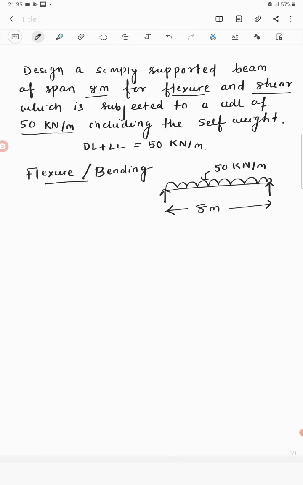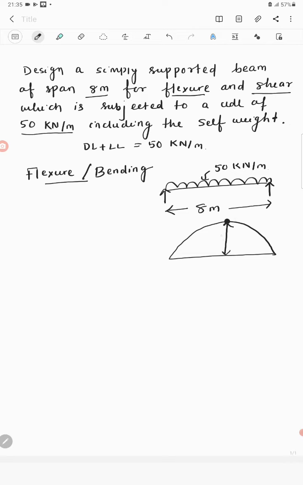Okay, so if you draw the bending moment diagram, it will be like this. So at the center of the beam we will have the maximum bending moment. So we have to consider that maximum bending moment to design this beam for flexure. So what will be the maximum bending moment at this point?